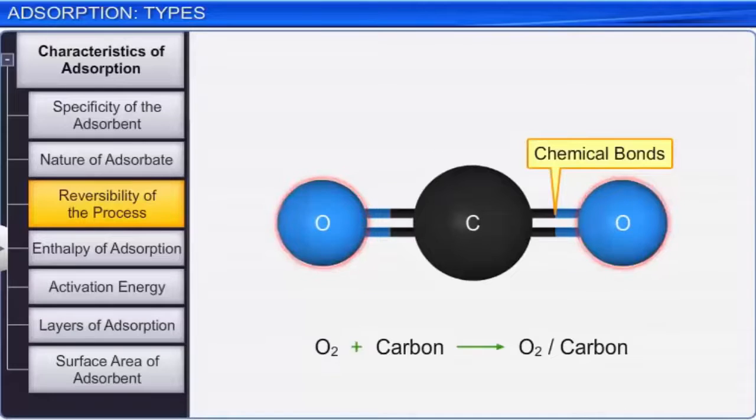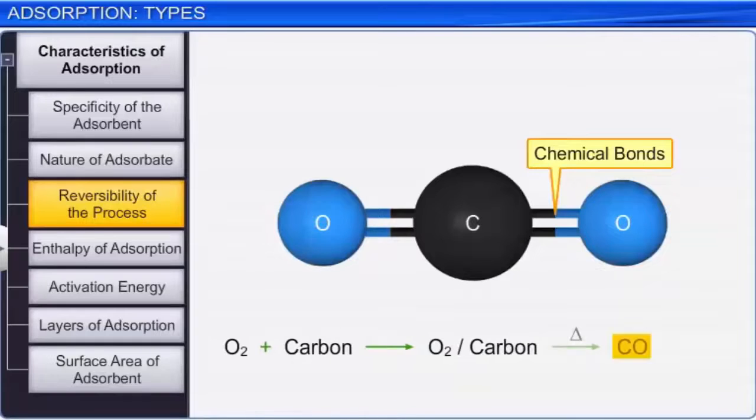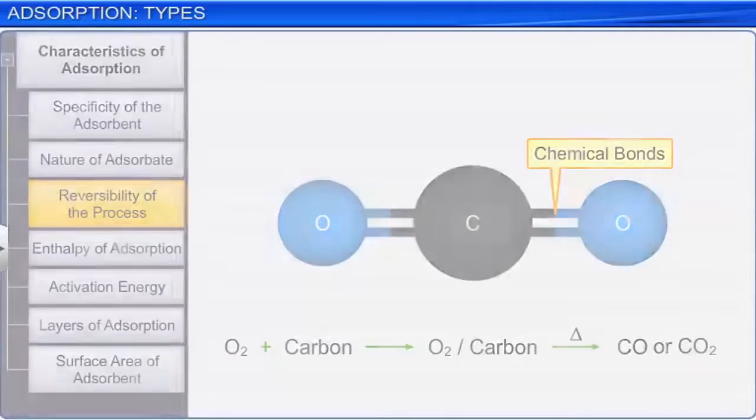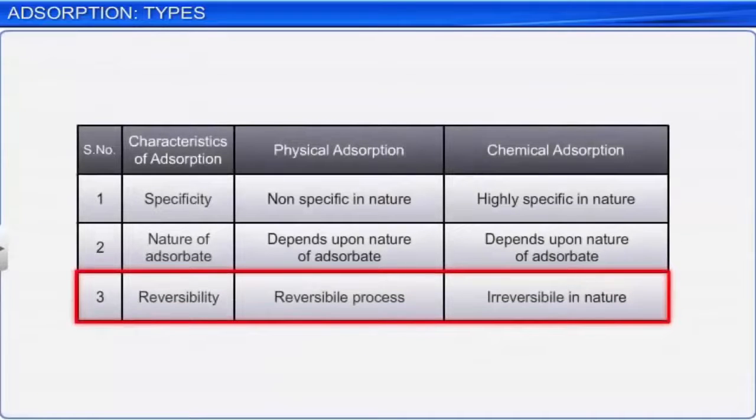However, the reverse process releases carbon monoxide or carbon dioxide instead of oxygen. Hence, chemical adsorption is irreversible in nature. Therefore, we can conclude that while physical adsorption is a reversible process, chemical adsorption is irreversible.